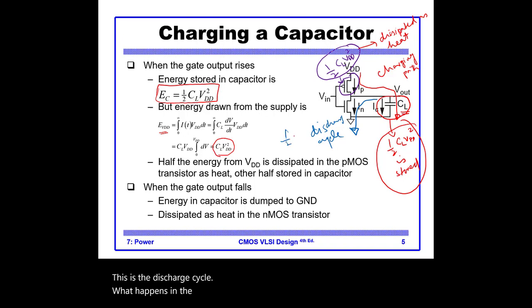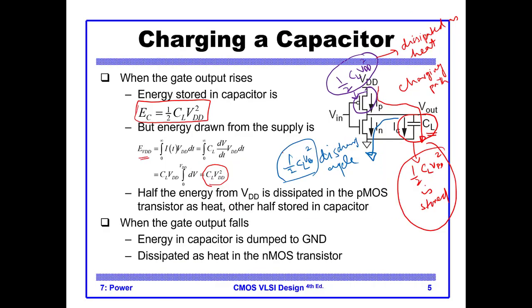All the half CL VDD squared, this energy, is dissipated across the NMOS to ground. You can see that during the discharge period, no energy is drawn from the supply VDD. So it is dissipated across the NMOS and dumped to the ground.